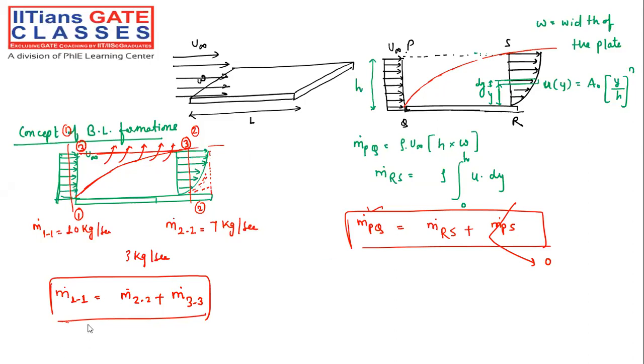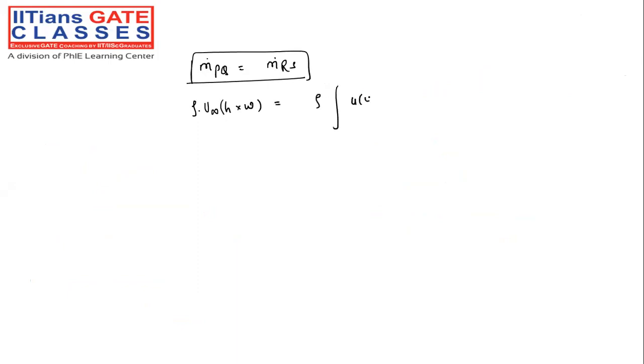So here, the mass flow rate through section PQ must be equal to the mass flow rate through section RS. The mass flow rate through section PQ is rho into U infinity into H into width, that is equal to rho into U of Y dy into width from 0 to H. This will cancel out.